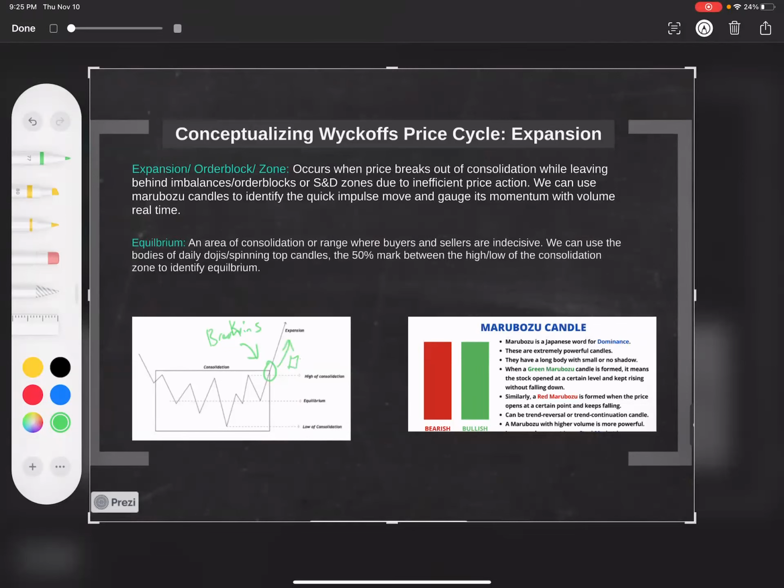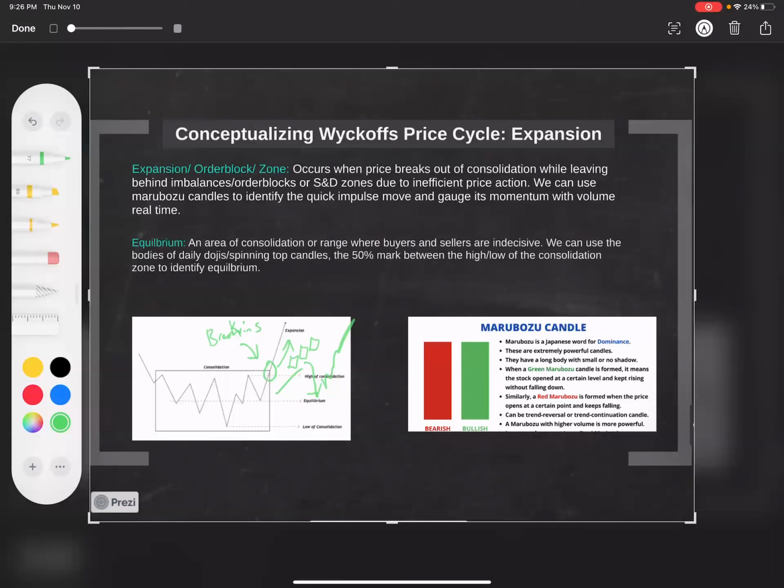Whenever this happens, we might see more Marubozu candles. Yes, you could take this trade, but the risk is very high. So me personally, I would like to wait for price to return back to equilibrium, sweep some type of internal liquidity before moving back higher. Because remember, the banks need liquidity in order to move the markets to the upside or the downside.